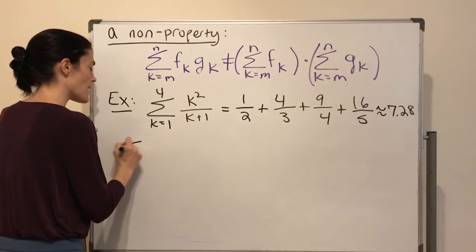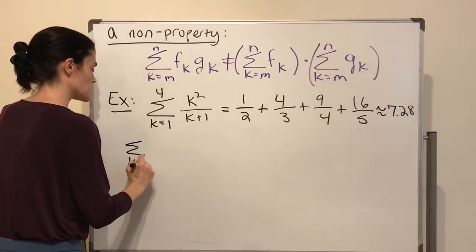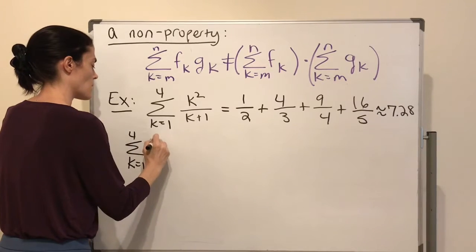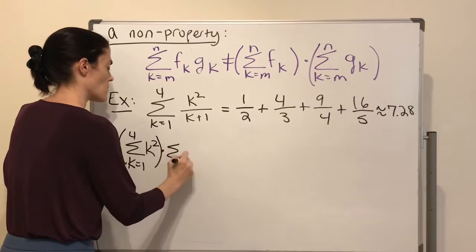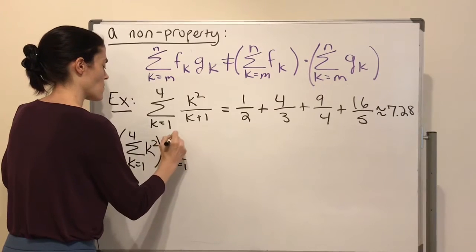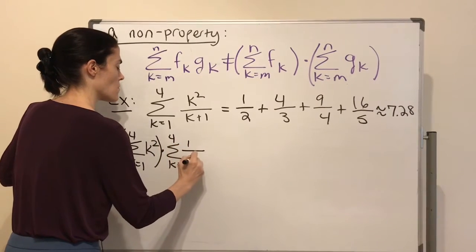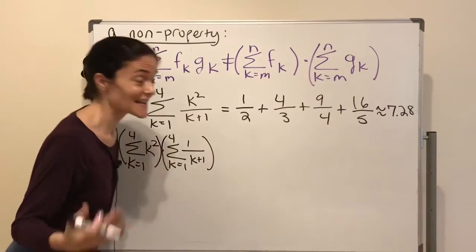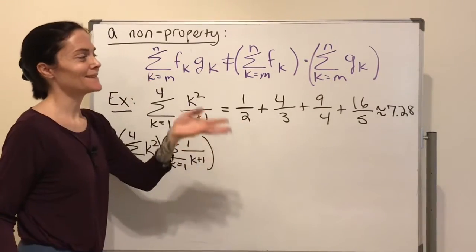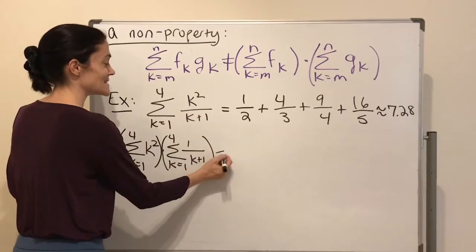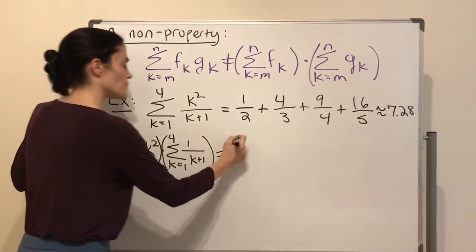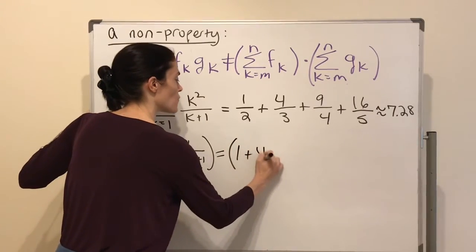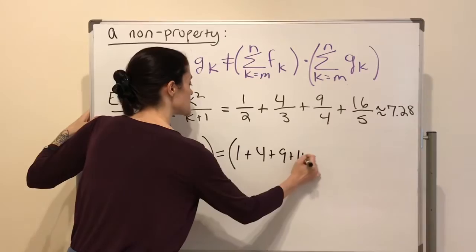Now, on the other hand, let's compute this. And we should not get 7.28, okay, because this is a non-property. So the first one, just adding up k squared, we have 1 plus 4 plus 9 plus 16.